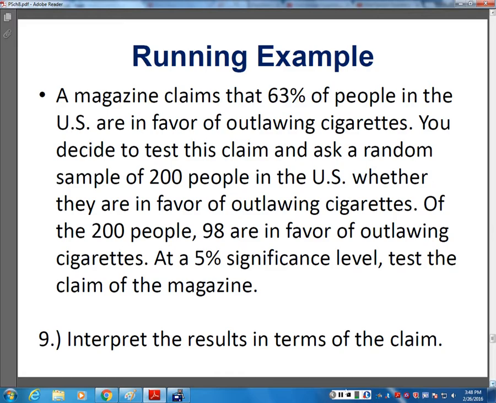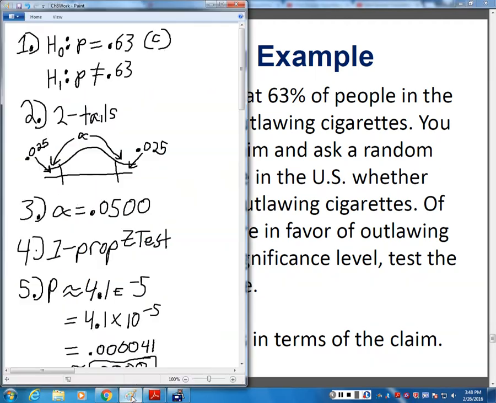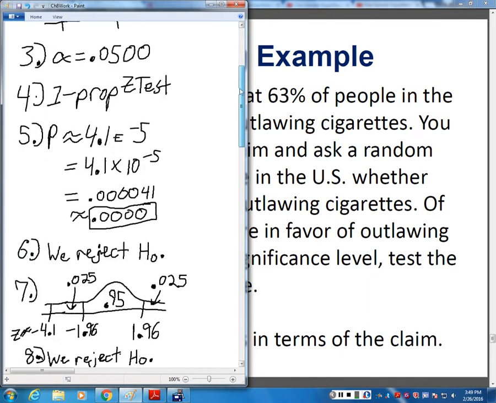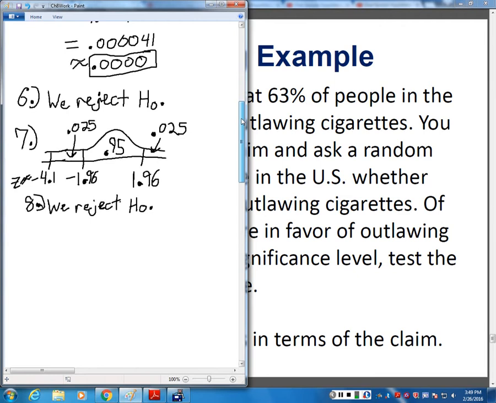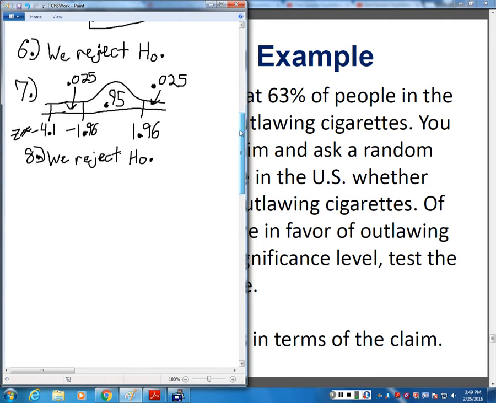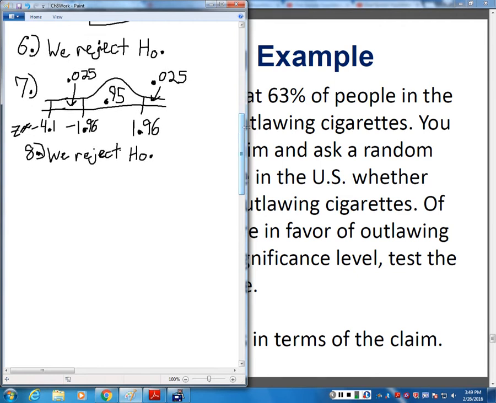So for number 9, let's interpret the results of our running example in terms of the original claim. As stated just a few moments ago, the original claim was the null, H sub 0. And we conducted our test and found that we rejected the null hypothesis.